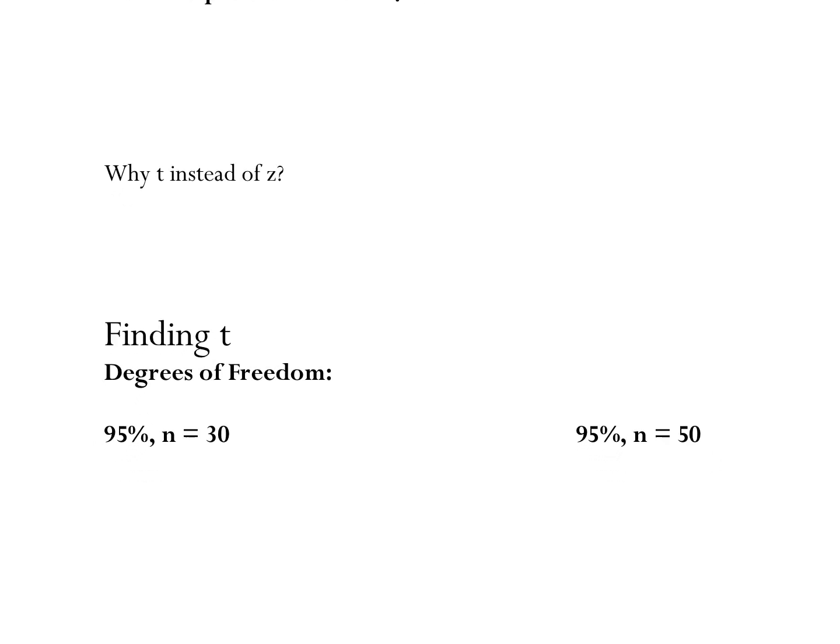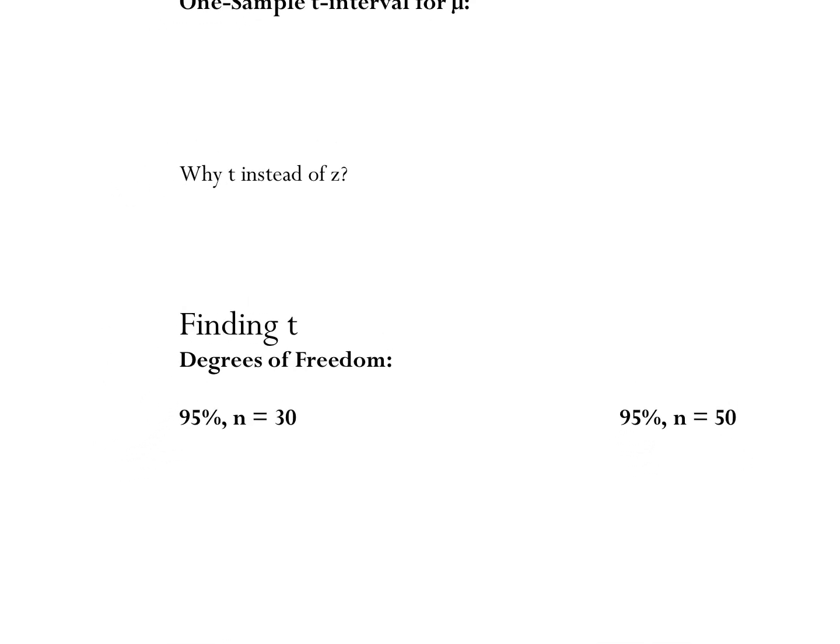So the formula for a one sample T interval for mu is in fact x bar plus or minus T star times S over the square root of n. Okay? And essentially what these T's do is they give extra wiggle room based on the fact that we're using a not so good estimator. That we're using a value in our formula that we know isn't great.